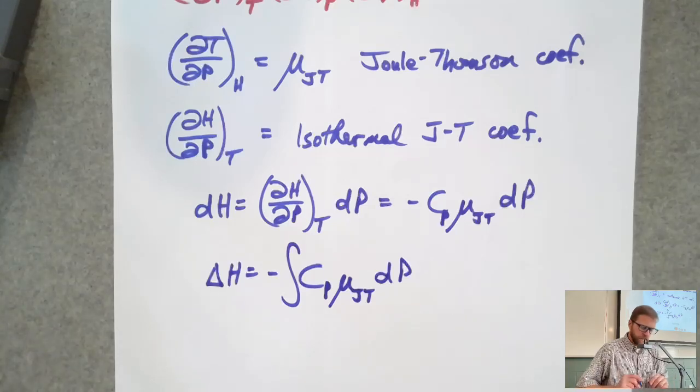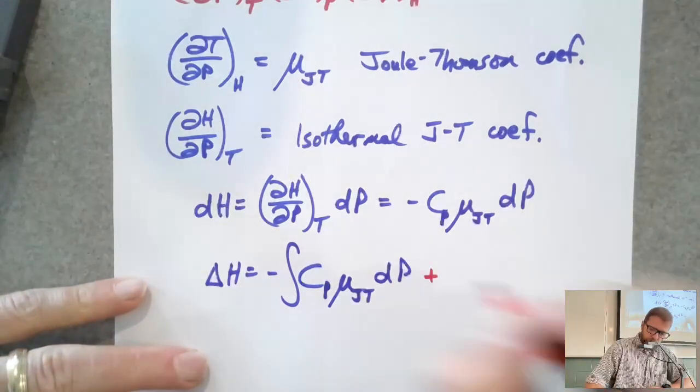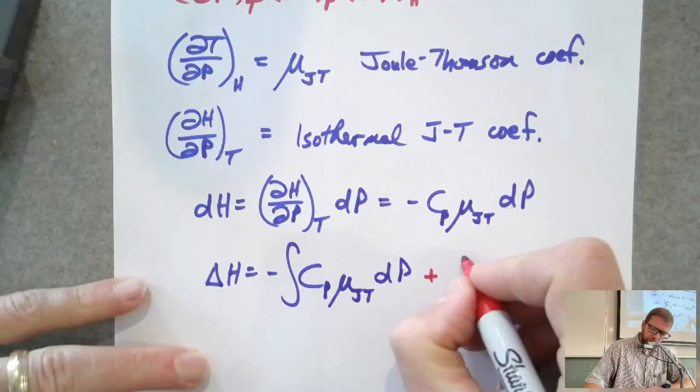So this tells us how enthalpy changes with pressure. Now, if you have a variable temperature as well, then there's another term that shows up. So if you have variable temperature, then you've got this term also.